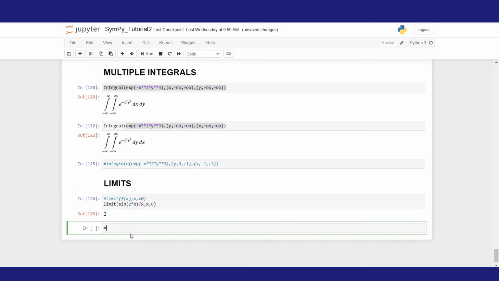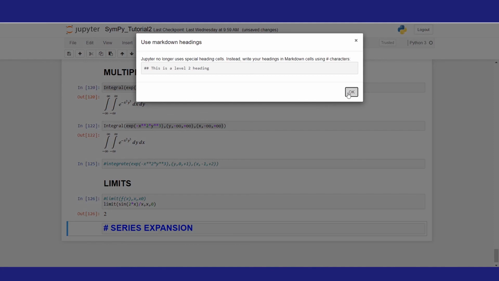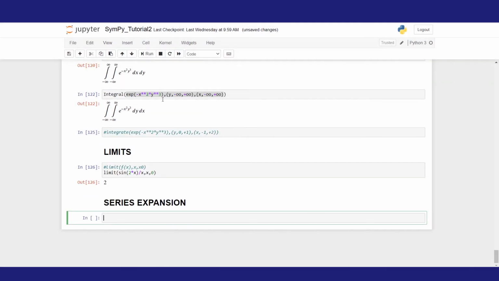So let's look at another topic, which is series expansion. How can we expand series using the SymPy symbolic library? Series can be of any form. You can have a trigonometric function that you can expand, or just a mere function of x that you want to expand. Under series expansion, we are going to make use of the dot series function.